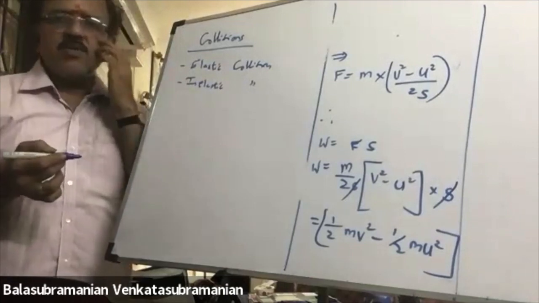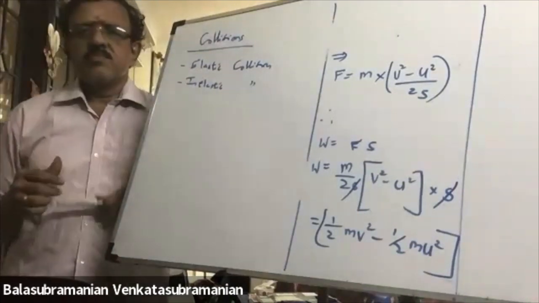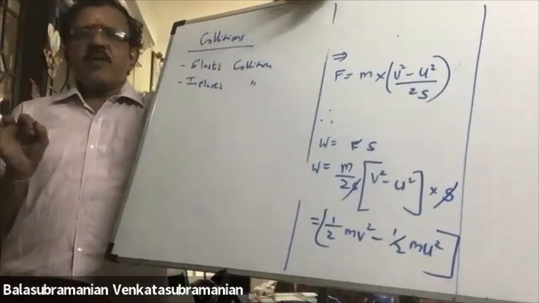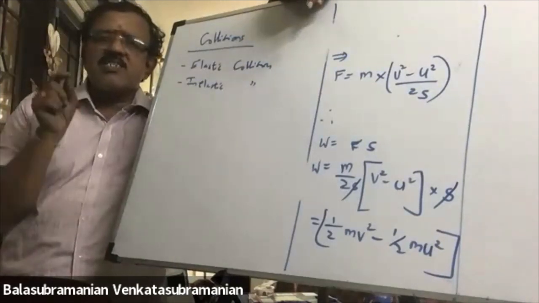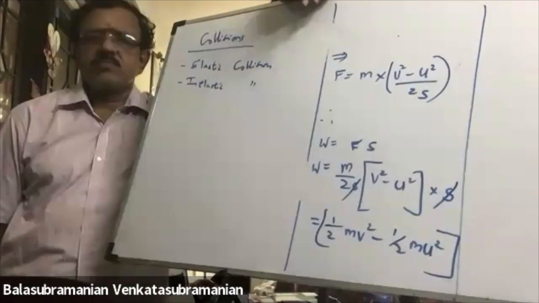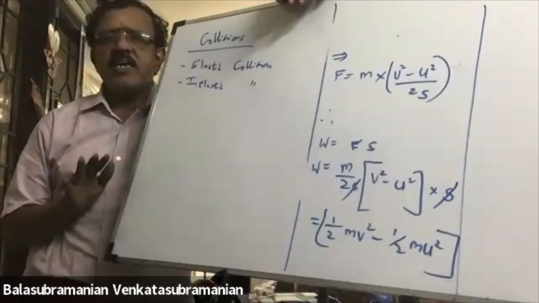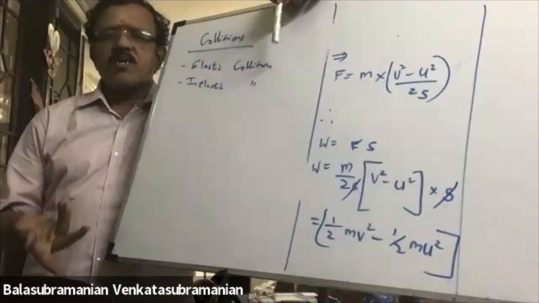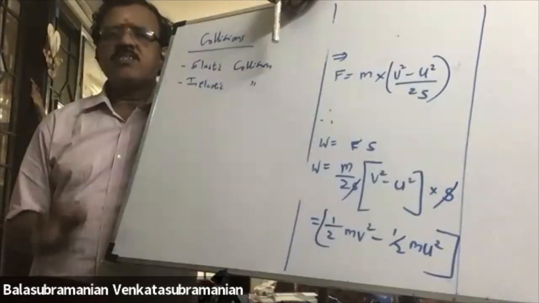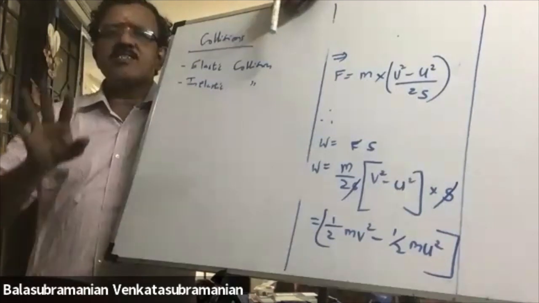What is called elastic collision, sir? If the collision is perfectly elastic, the meaning is that after collision, energy is not lost. 99.99% of the collisions we come across in our day-to-day life are only inelastic collisions.